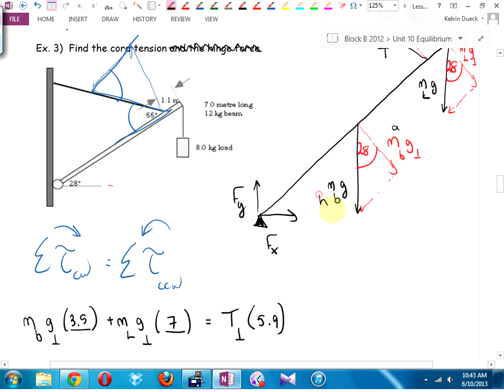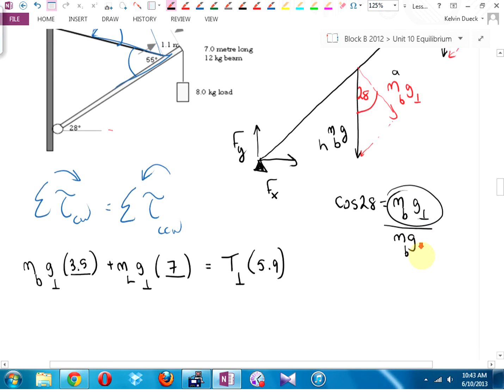Adjacent, hypotenuse, which trig function? But be very careful. Let's see. This is going to be cos 28 equals perpendicular over, neither. I want to get this by itself. How would I get that by itself?